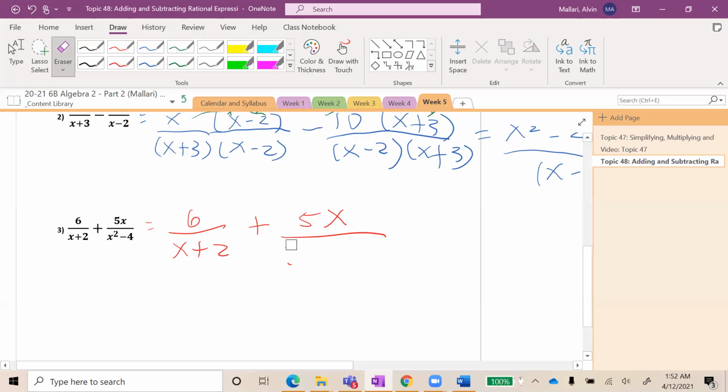So x squared minus 4 written as a difference of two squares would be x squared minus 2 squared.